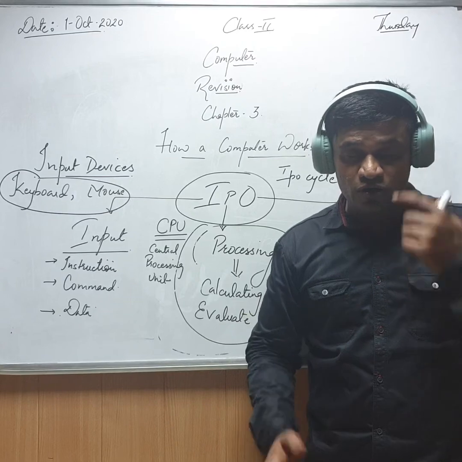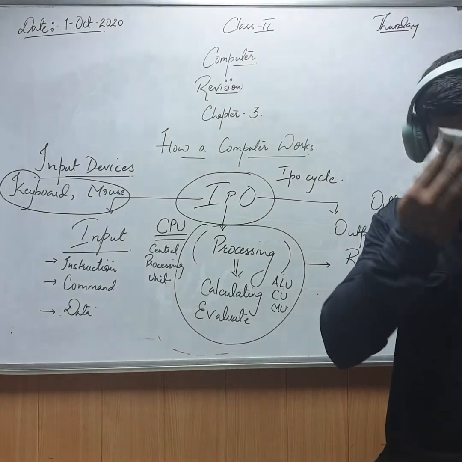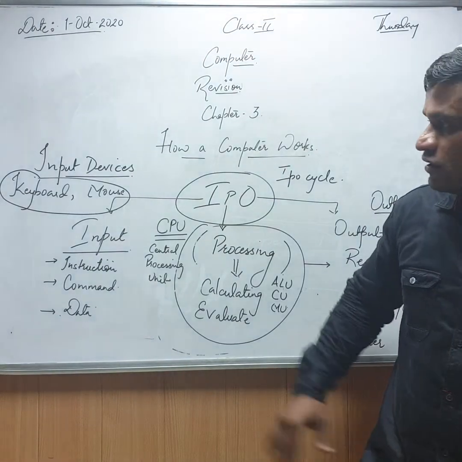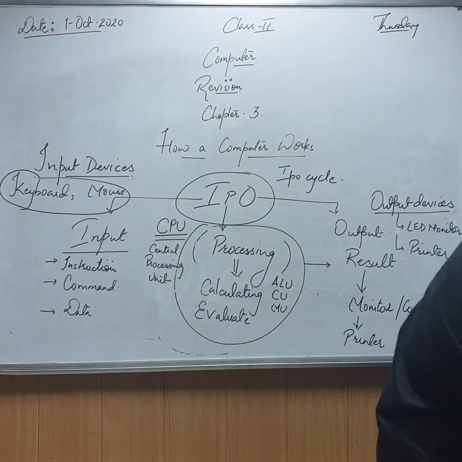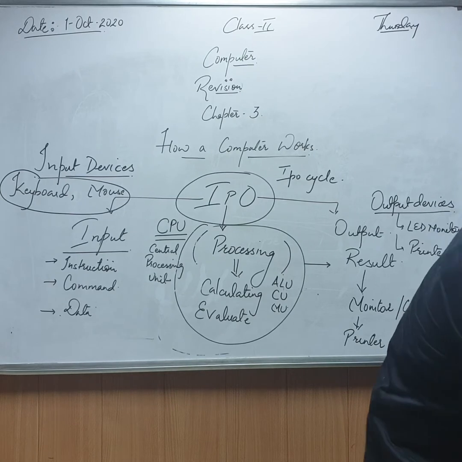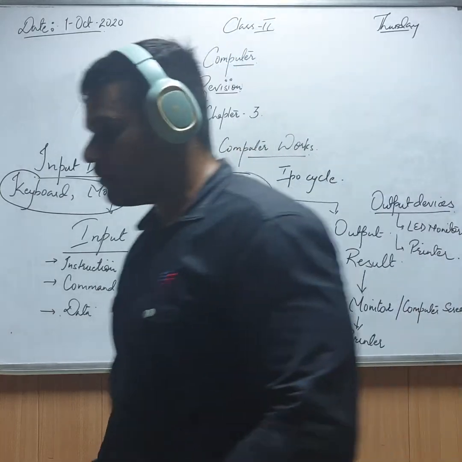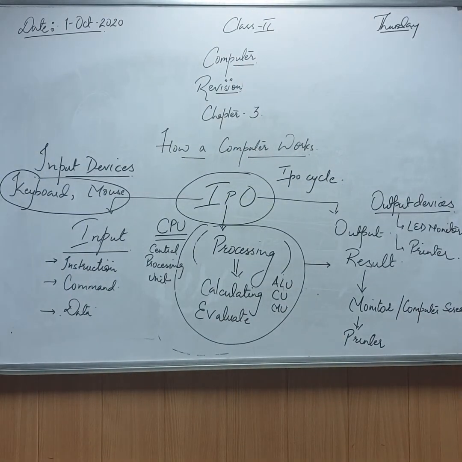We are not going to take it in the exam, but just for more clarification, I have added that input devices are the devices which provide the input to the computer. Similarly, output devices are devices which provide the output given by the computer, and processing devices are the devices which perform the processing.